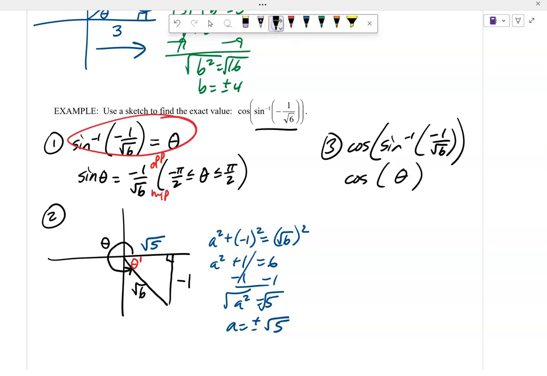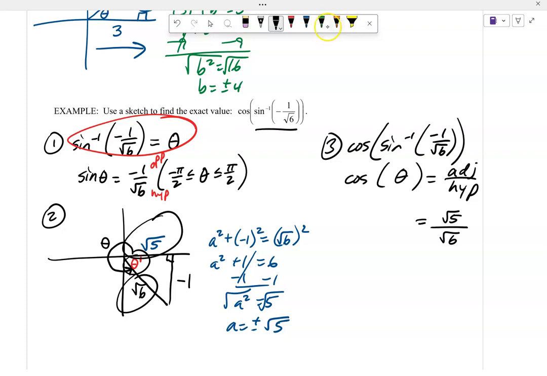So we're just finding the cosine of theta, using theta prime, the reference angle in red. Well, cosine in right triangle trig is adjacent over hypotenuse. So I'm going to use my theta prime and go adjacent side over the hypotenuse.